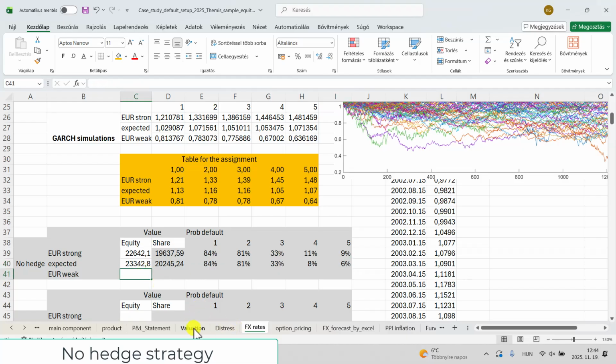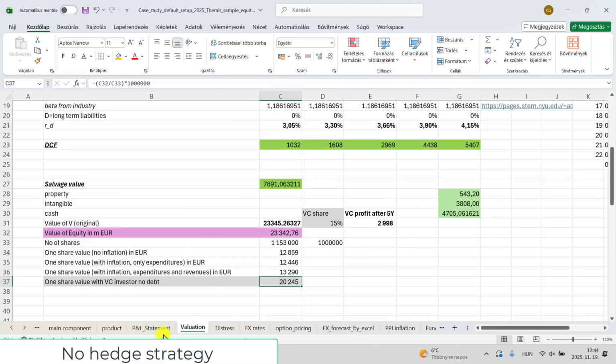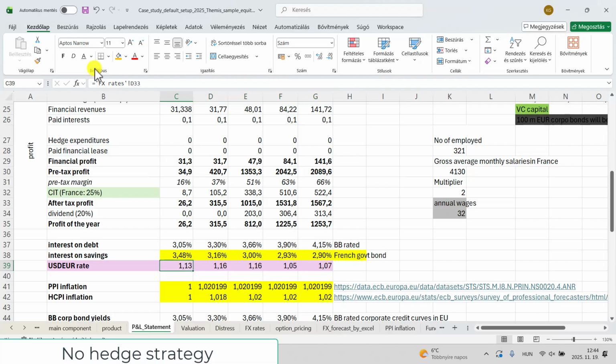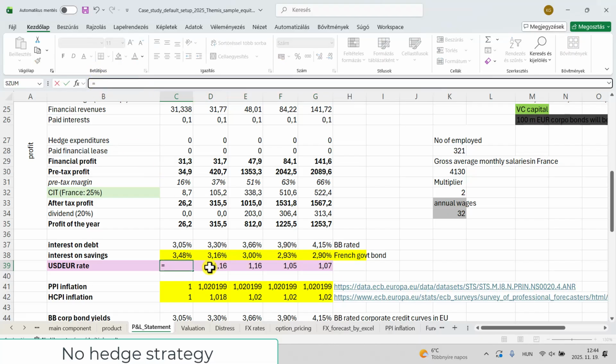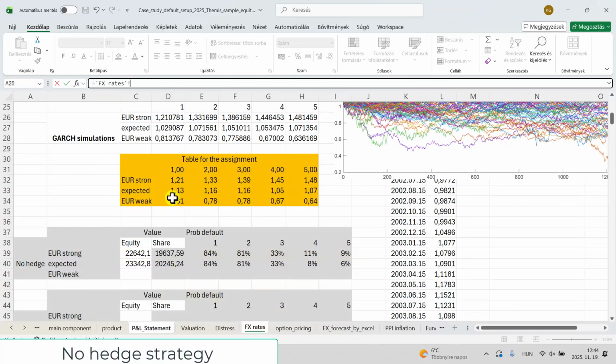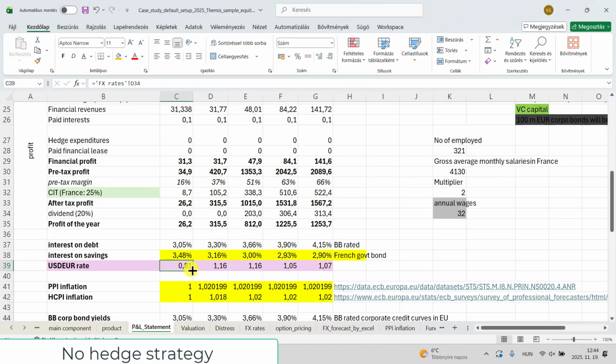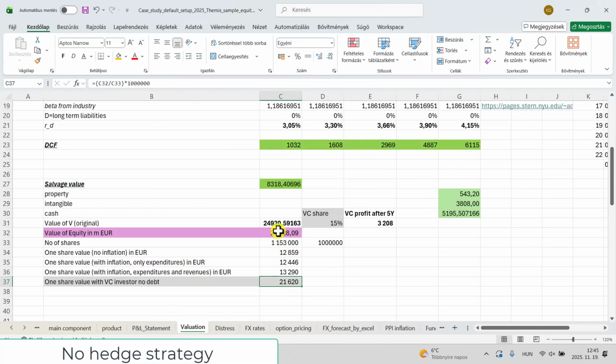Okay, then let's see the weak scenario. So the euro is not strong anymore, it's weak. Obviously, the profit increased even further, so now we are more profitable not because we did anything with the company, just because we are lucky with the exchange rate.